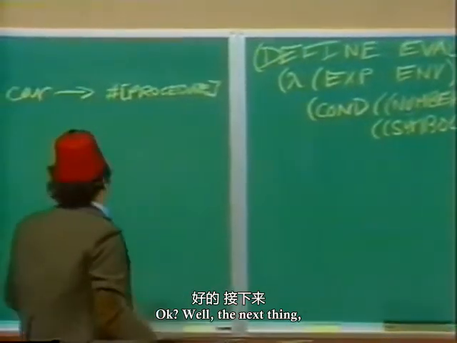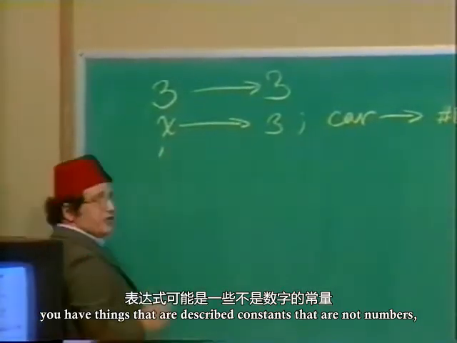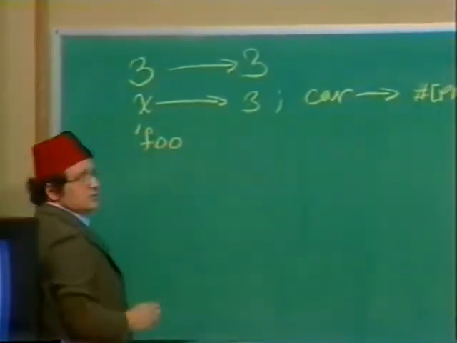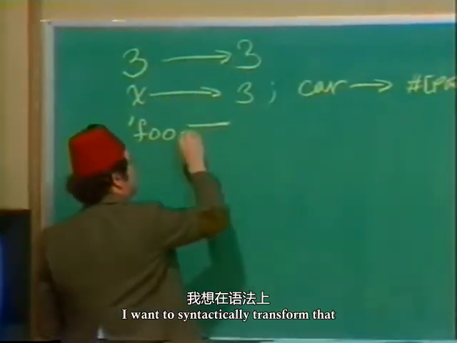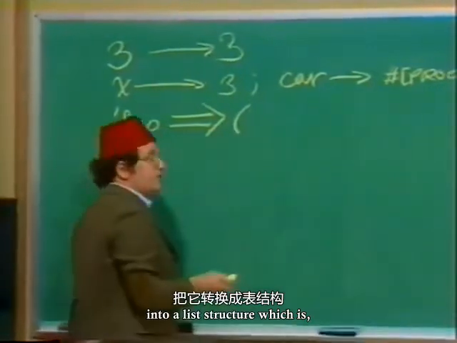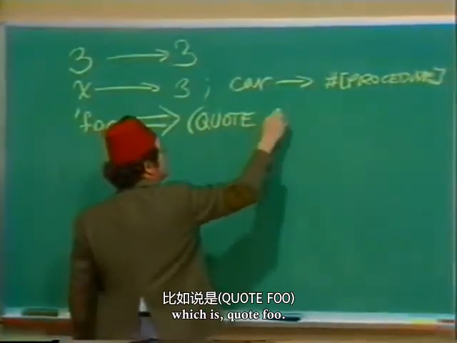Okay. Well, the next thing, another kind of expression. You have things that are described constants that are not numbers, like foo. Well, for my convenience, I want to syntactically transform that into a list structure which is quote foo.